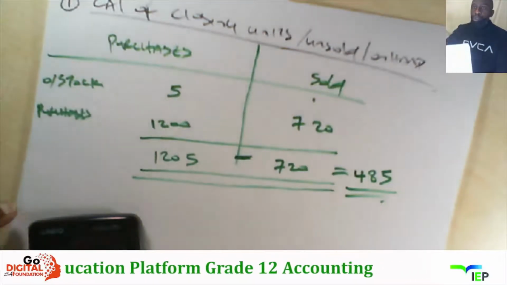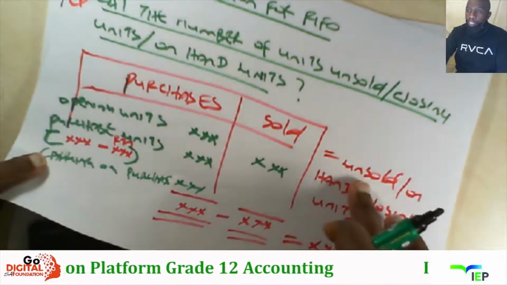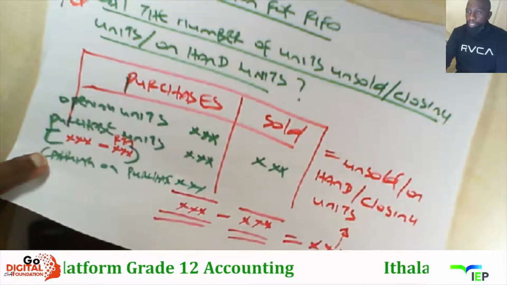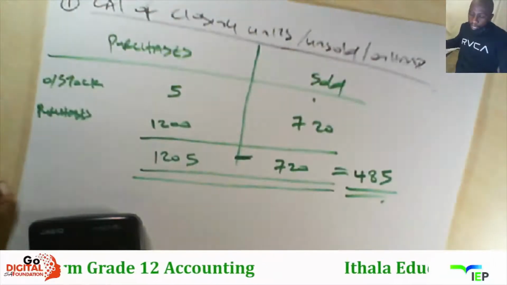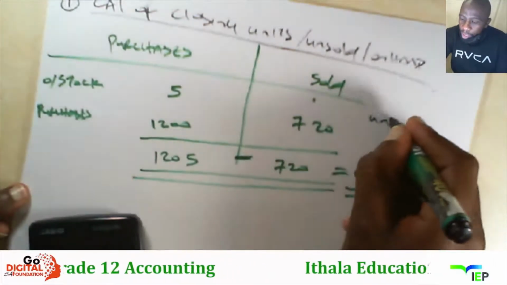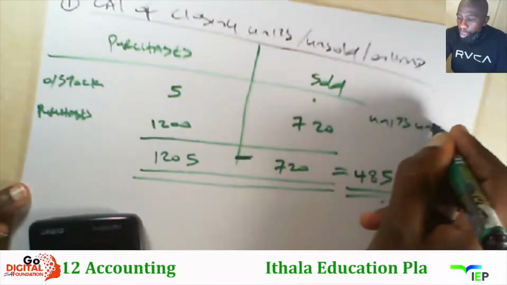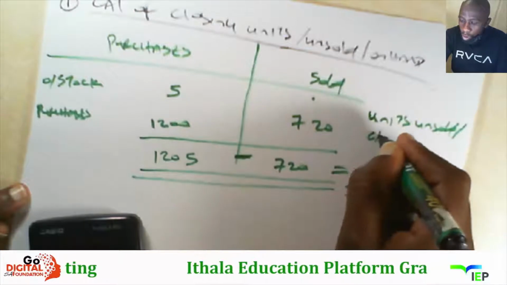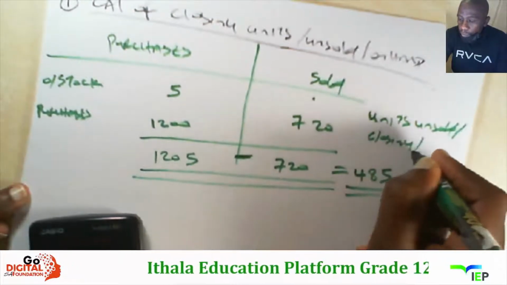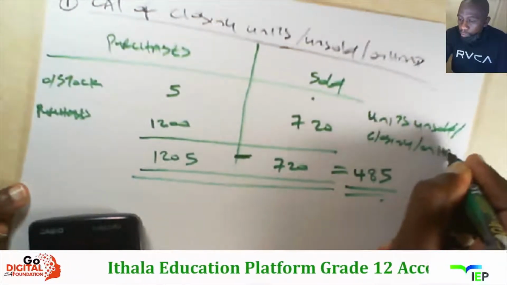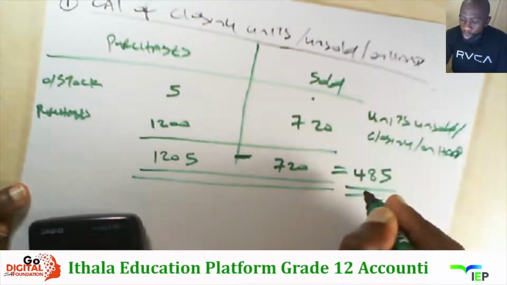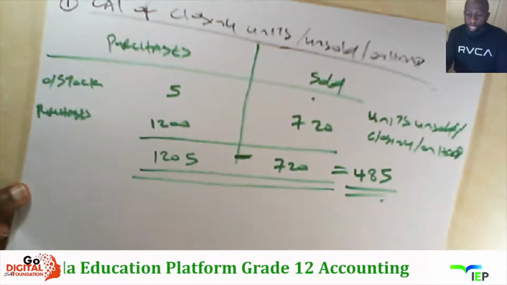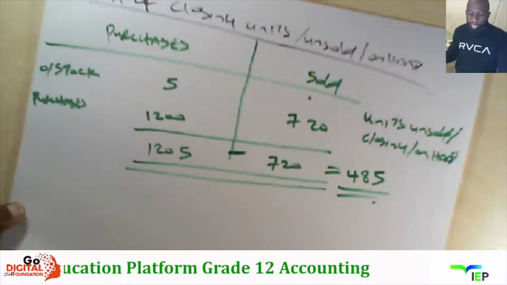Units unsold, as I was showing you here. You get unsold, on hand, or closing. So these are units unsold, closing, on hand. Okay, now we can answer.